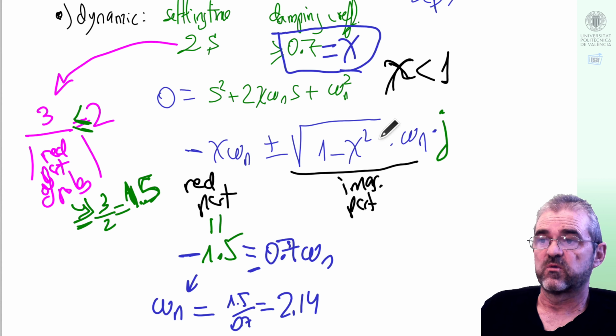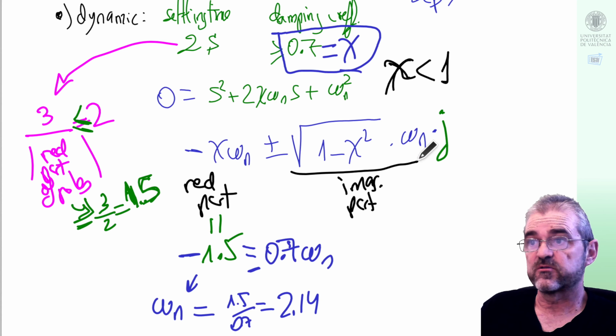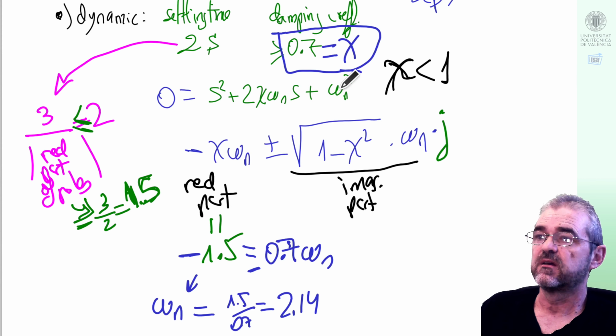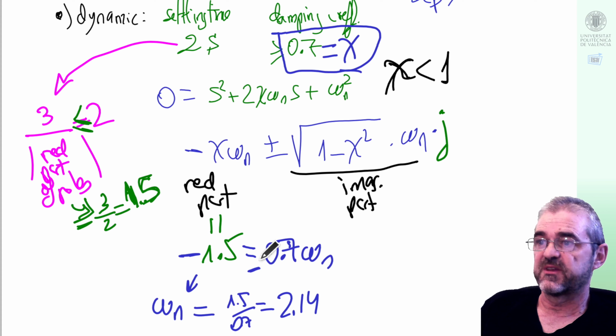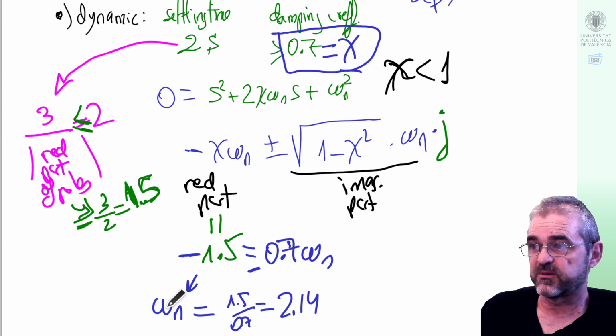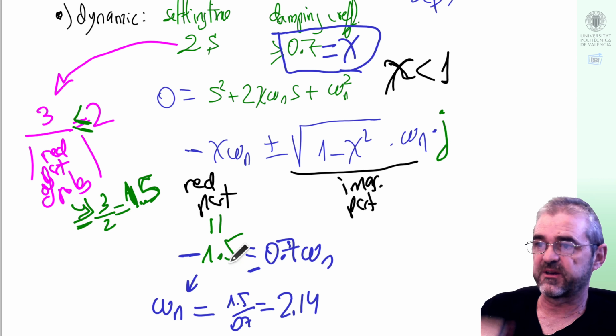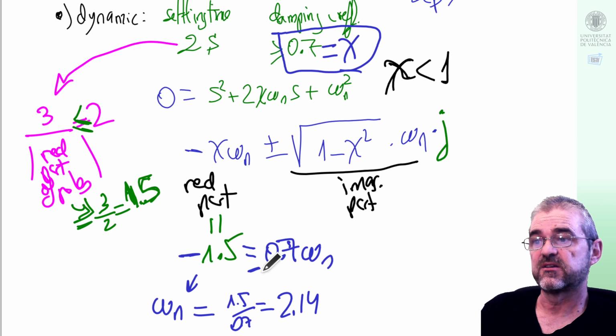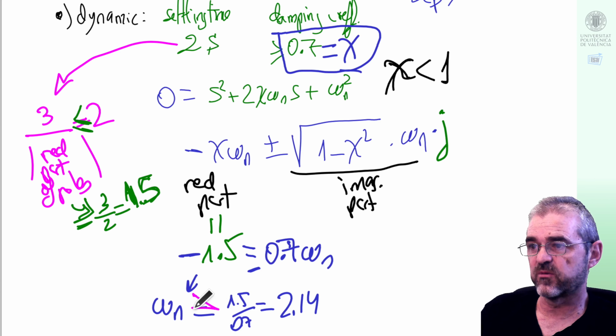But this is the limit of the real part, in the sense that the real part could be minus 1.5 or minus 2 or minus 3 or faster. So instead of 1.5, we can put any larger number if we wish, so omega n must be greater than 2.14.